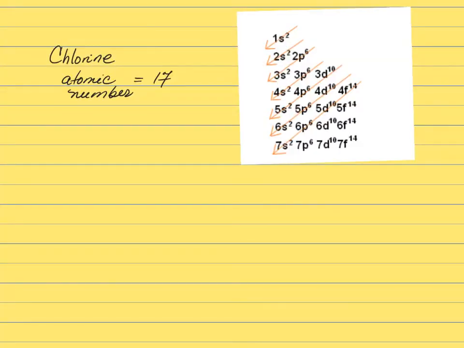This is another example. One more time, the atomic number of chlorine is 17. 17 is the number of protons, but if you have a neutral atom, you will have 17 electrons. How are you going to organize them? 1s2, first level, 1 orbital. 2s2, 2p6, 3s2, 3p5.